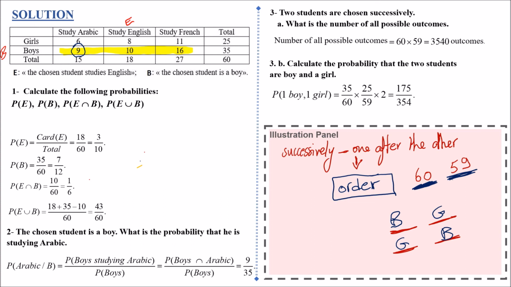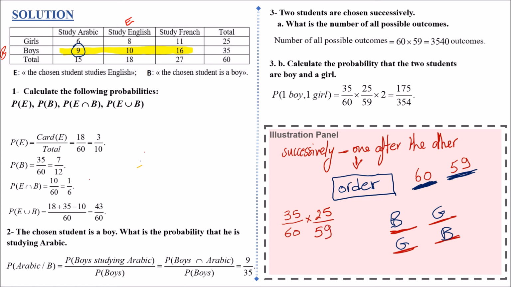Here, if we look here, we have how many options for the boys? I will try to solve it in 2 different ways. For the boys we have 35 boys, so the first is 35 boys out of 60 times, we are looking here at the girls, we have 25 girls, therefore 25, but this 25 is out of 59 because the remaining are 59.